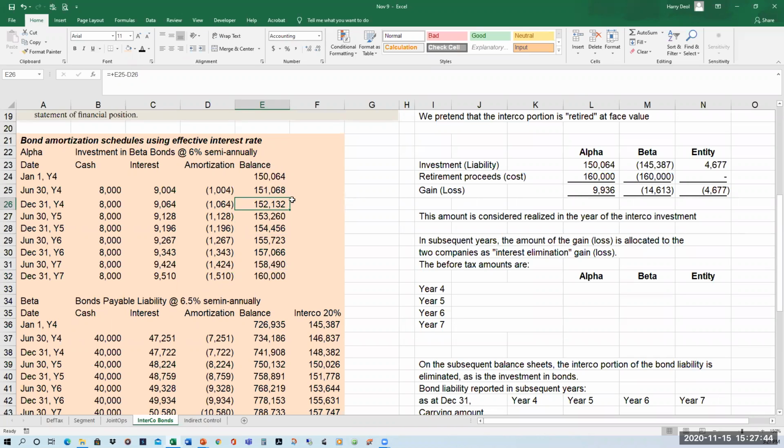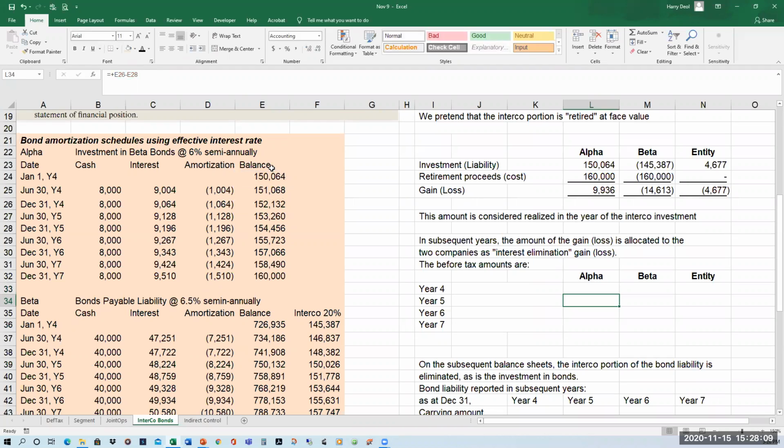This shrinkage is basically, for year 1, the amount by which the discount shrinks is 152,132, the investment balance at the end of year 4, and the investment balance at the beginning of year 4, 150,064.